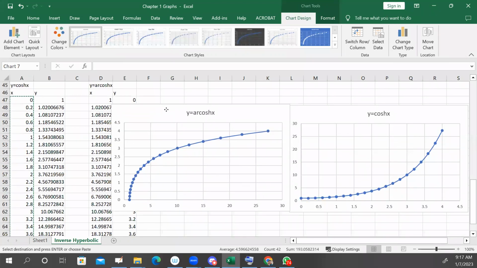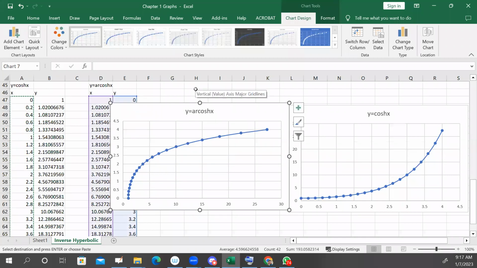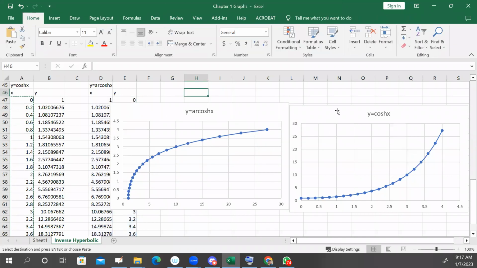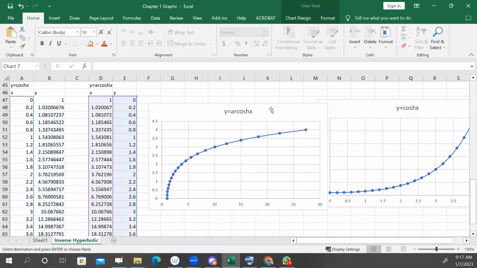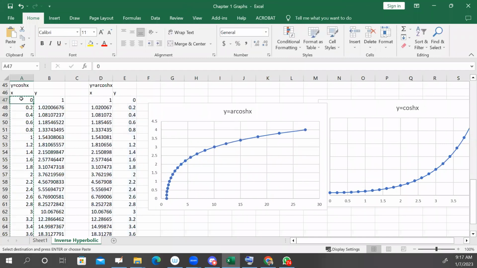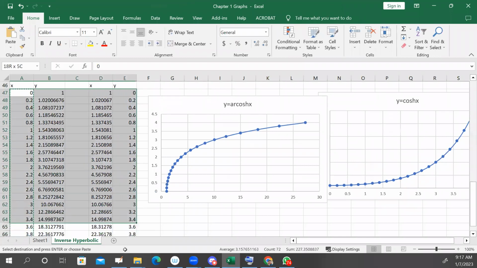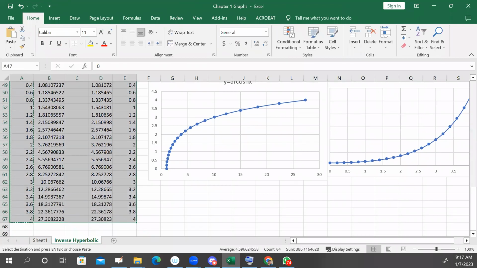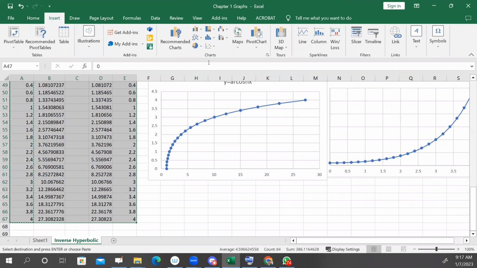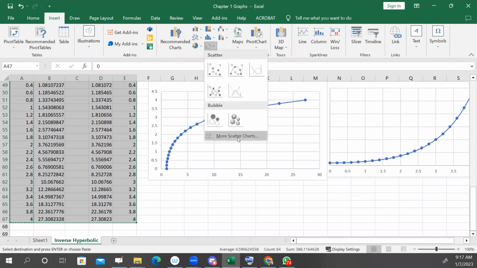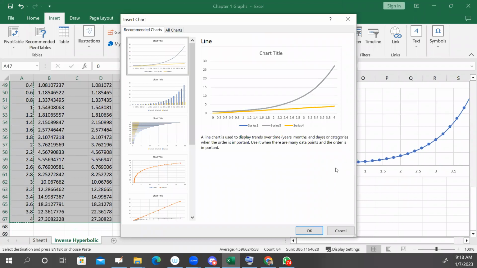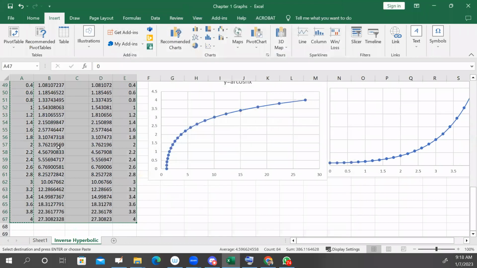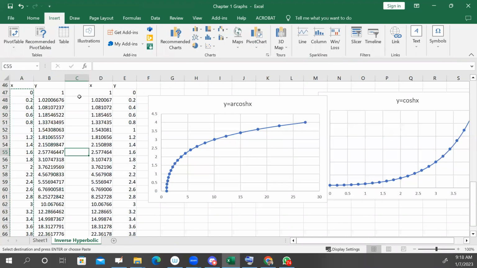I want to compare the cosh x and the arc cosh x graph. Okay, guys, so let's do that. Then I need to remove this space. Let me remove this space, guys.